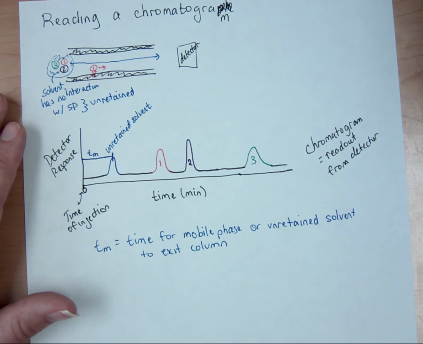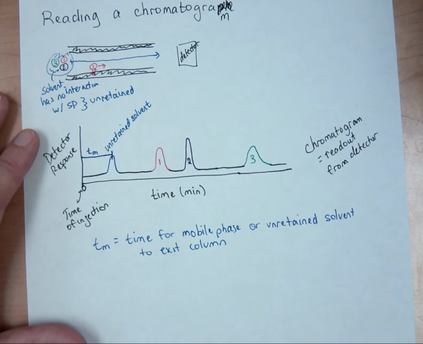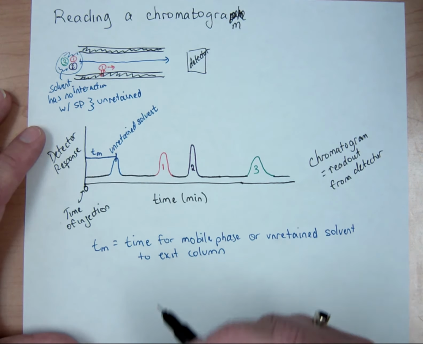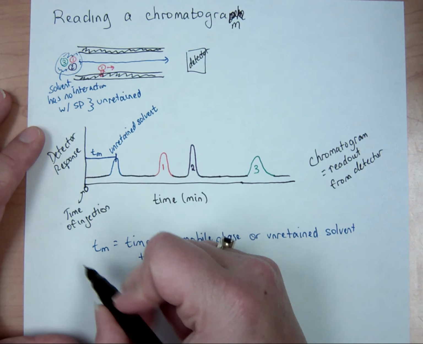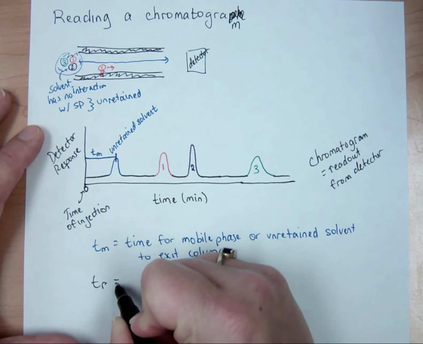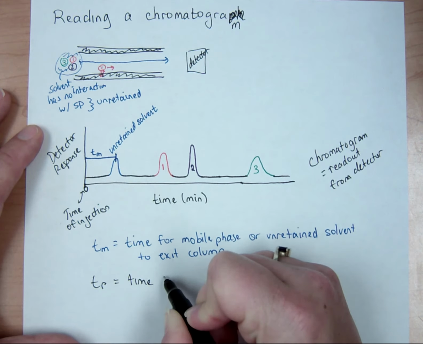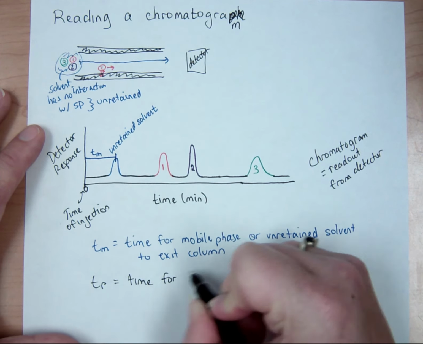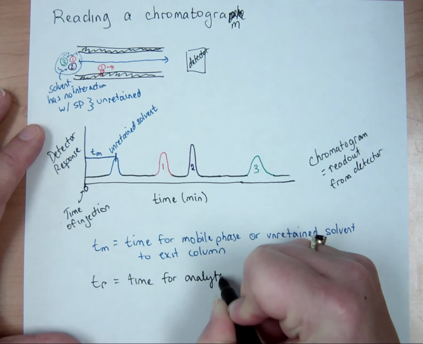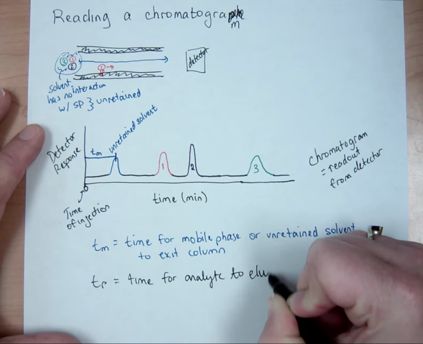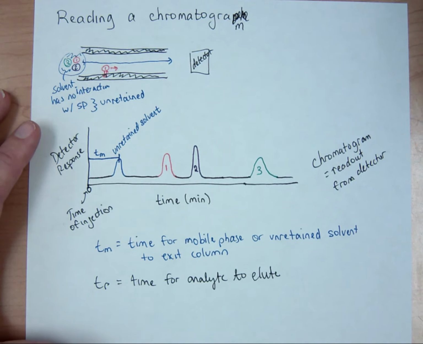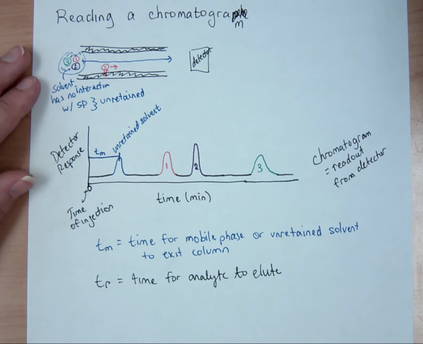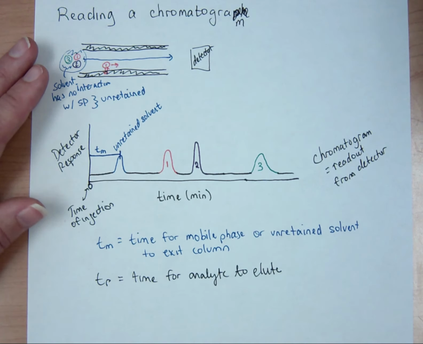The next thing that we might look at here is the time it takes for each of the analytes to elute. Okay, and we call that TR. Time for the analyte to elute. Now, each one of our analytes has a different TR, so a different time in order to make it elute.